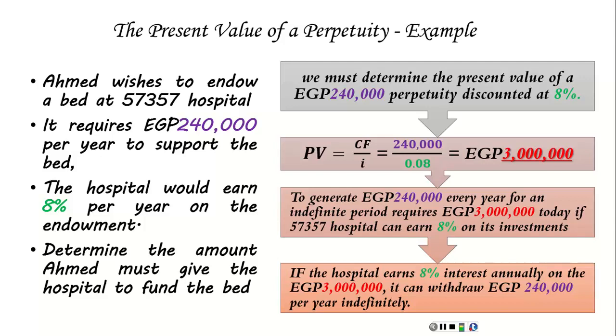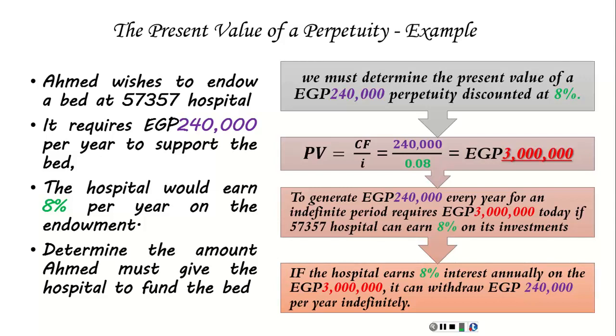The problem is that Mr. Ahmed wants to calculate how much he should pay today to finance 240,000 per year, if the hospital can use the amount paid by Mr. Ahmed today at a rate of return equal to 8%.